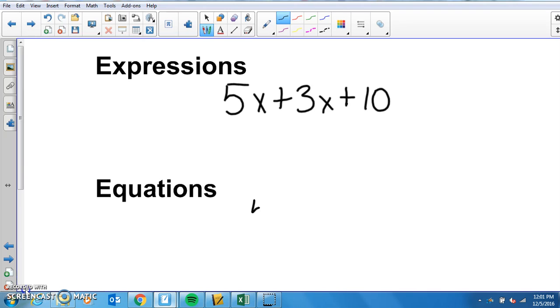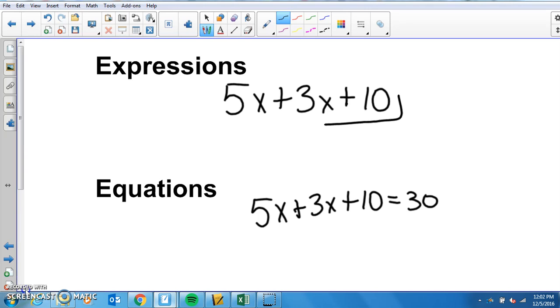Whereas if I have 5x plus 3x plus 10 equals 30, that is an equation. What is the difference between the two? You'll notice with an expression, it's just a series of terms, whereas the equation has an equal sign. So that is the main difference between an expression and an equation.